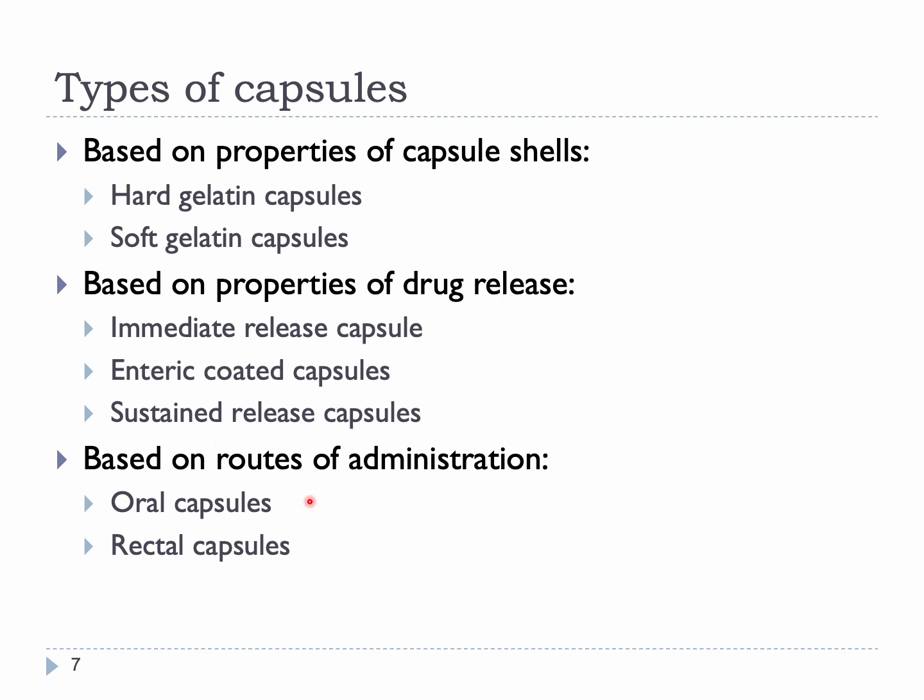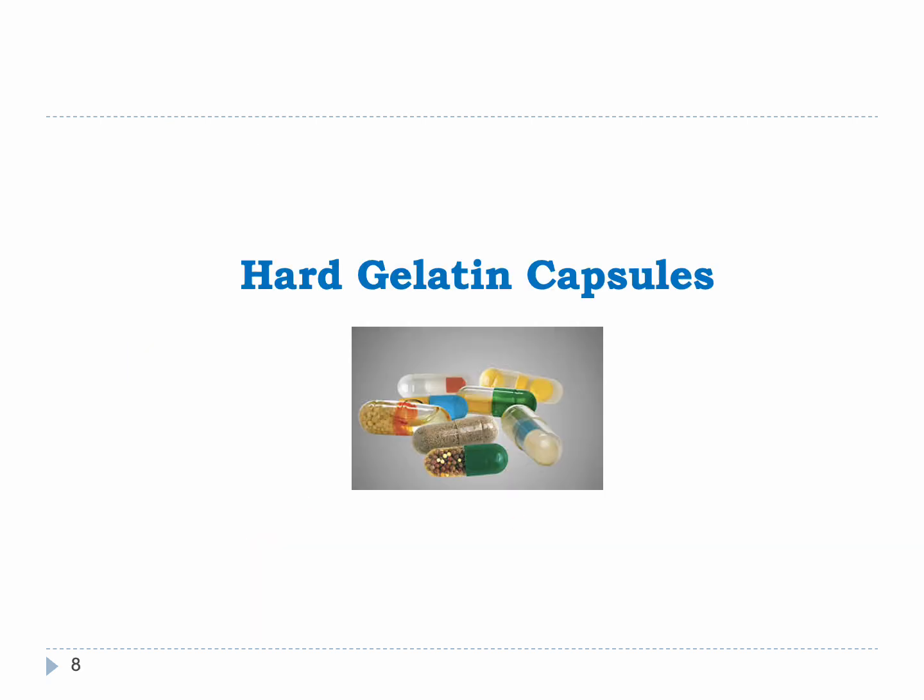If you base it on the routes of administration, you have oral capsules or rectal capsules. Normally, in pharmaceutics, we focus more on drug dosage forms, so we will base on the classification of hard gelatin capsules and soft gelatin capsules, and then we will learn details about the properties of each type of capsule.